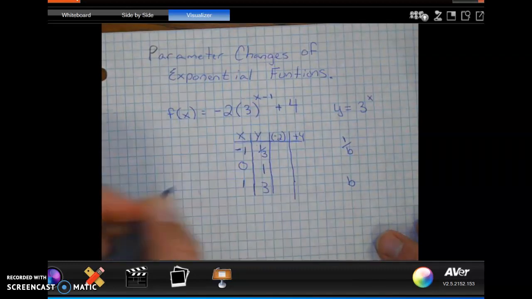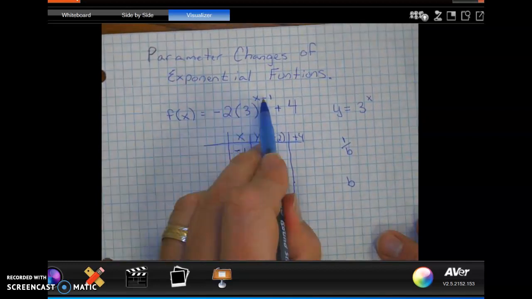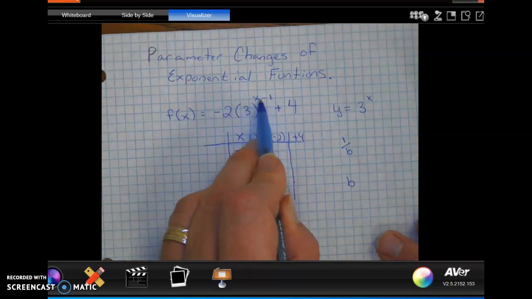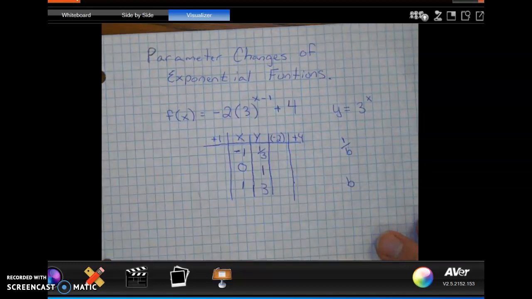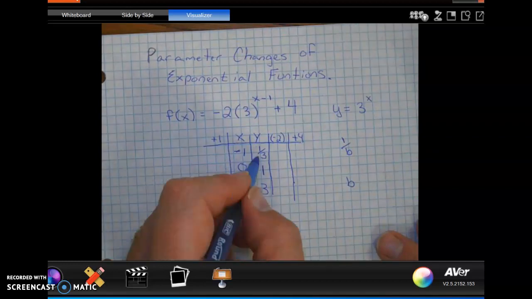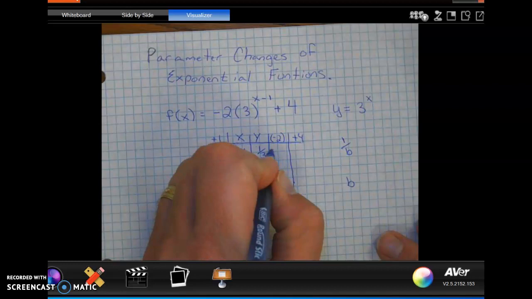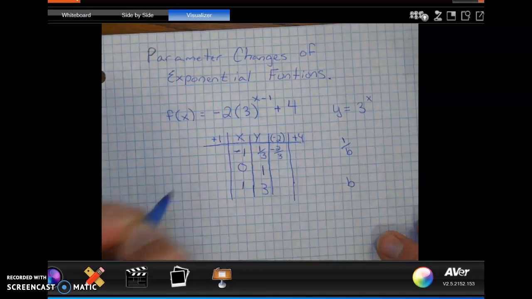Next, what about the x-coordinate? Well, up here we have x minus 1, which means it's translated 1 unit to the right. So remember, your x always lies, so we're going to add 1. So let's quickly do the math here. So 1/3 times -2 is -2/3.